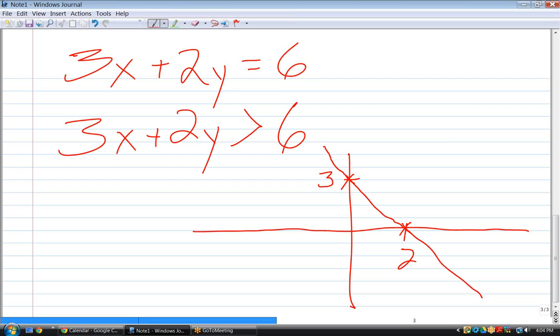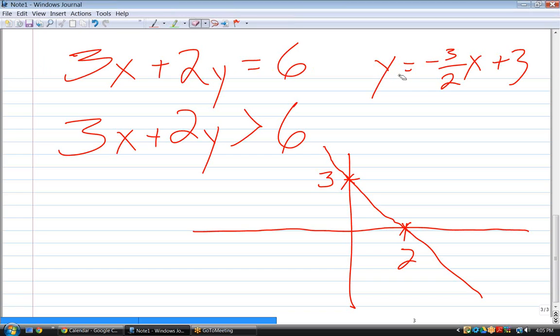So to me, when you're given an equation in standard format, the easiest way to graph it is not to manipulate it so that I get y equals minus 3 halves x plus 3. In other words, if I take that equation and solve it, I get this.